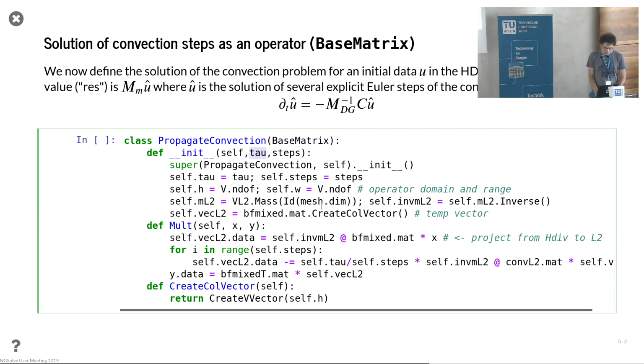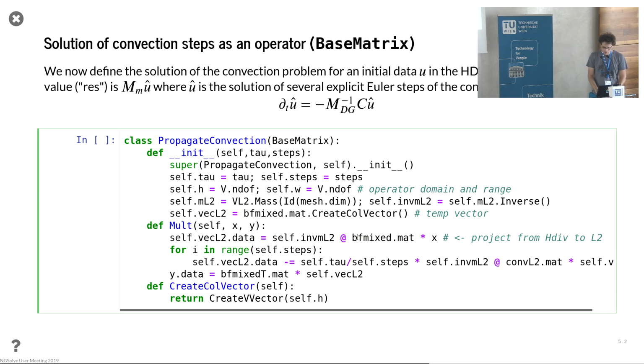In the constructor, we essentially just define some functions, for example, the mass matrix, the inverse mass matrix operations, and so on. And then in the actual operation, and this is what was important, the first line, the input of this is now from this product space, from the Stokes discretization, a vector x.